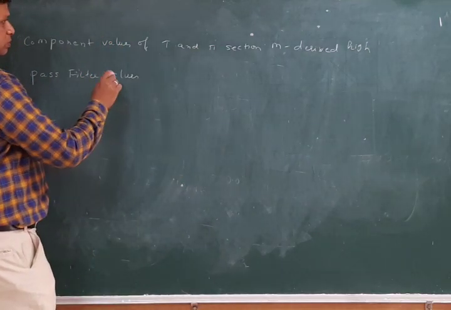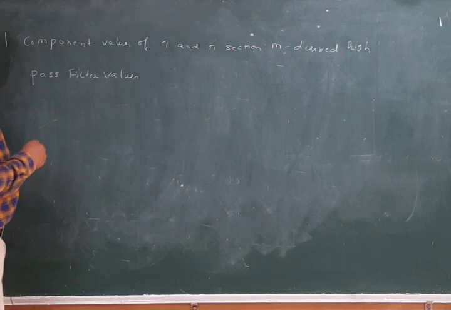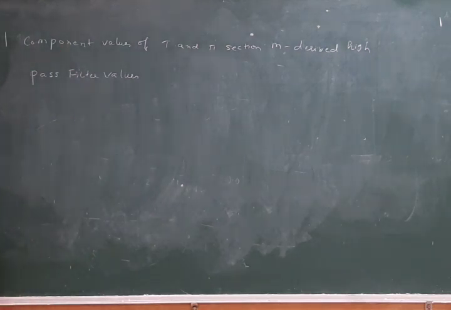To write the M derived high pass filter values, you have to find out C by M first. What is C by M? Okay, and what is 2L by M?